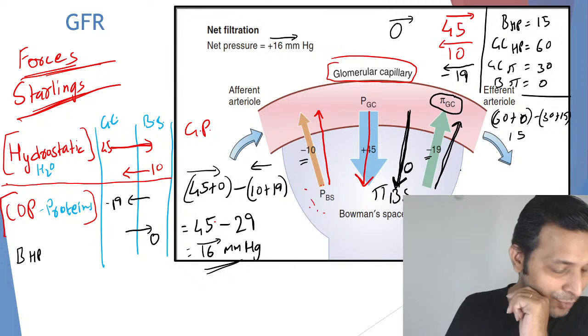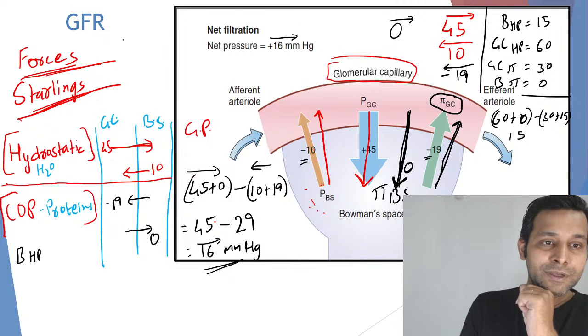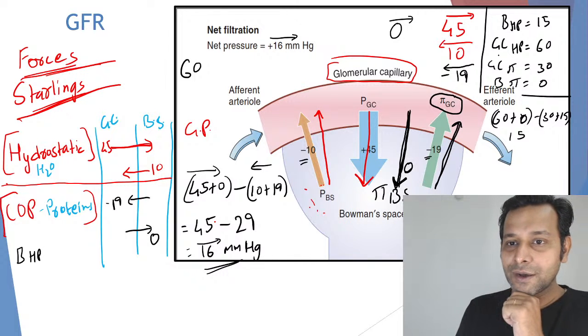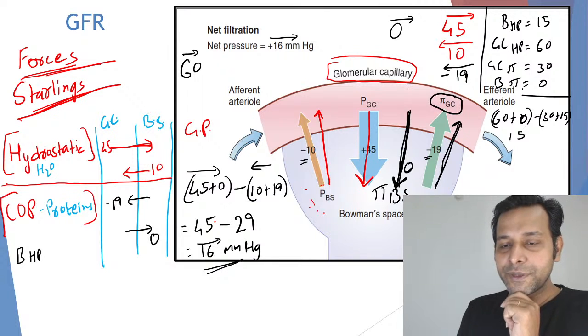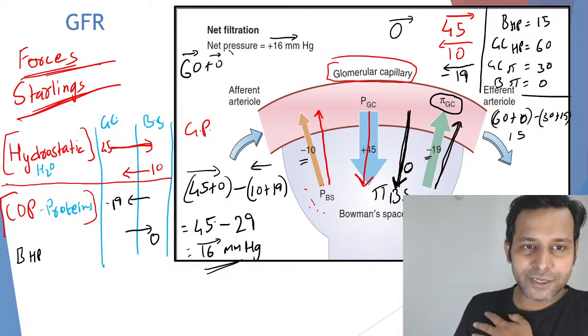No, Dr. Mohammed. You see, we have 60 mm of Hg, the glomerular capillary hydrostatic pressure, which is in this direction. And Bowman's space oncotic pressure 0, which is plus 0 again in this direction.